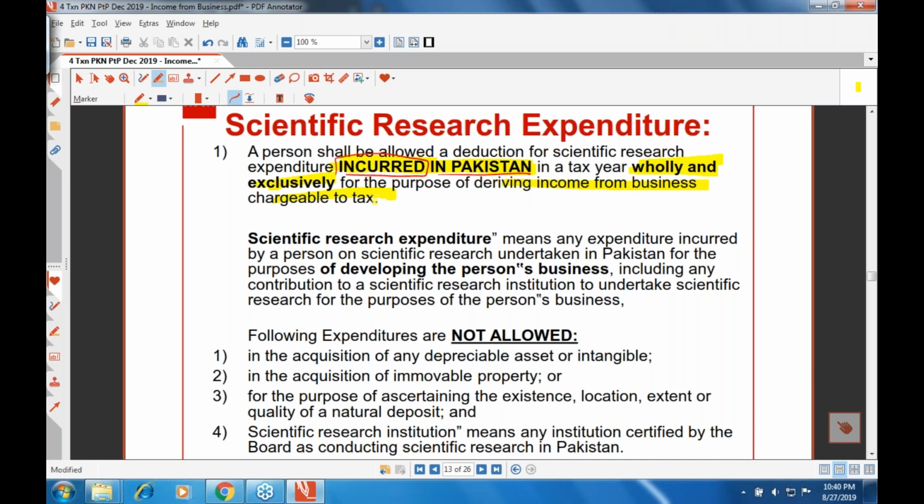Important thing: if you have research performed outside Pakistan, let's say in USA, UK, Canada or China, then that expense is not deductible. What is deductible is the research incurred in Pakistan, and that is also subject to certain restrictions.